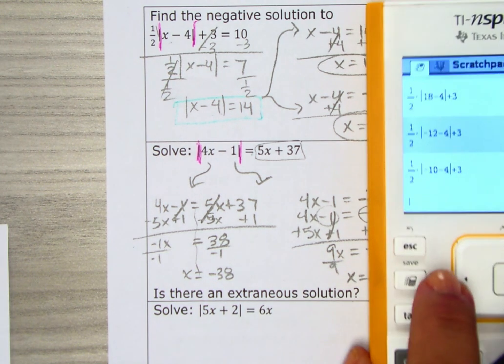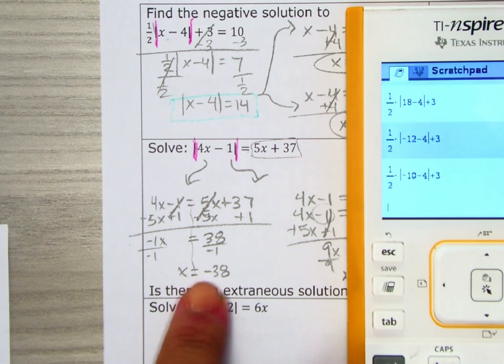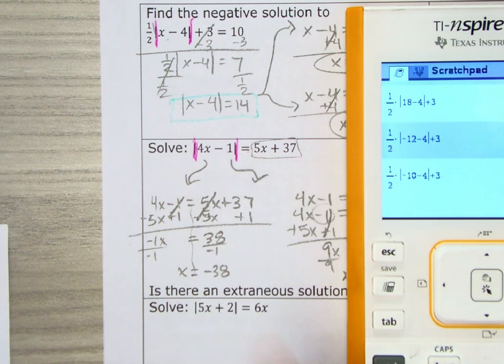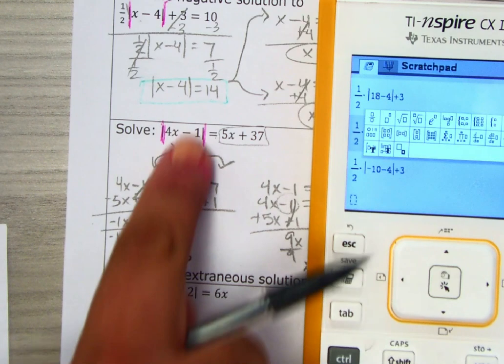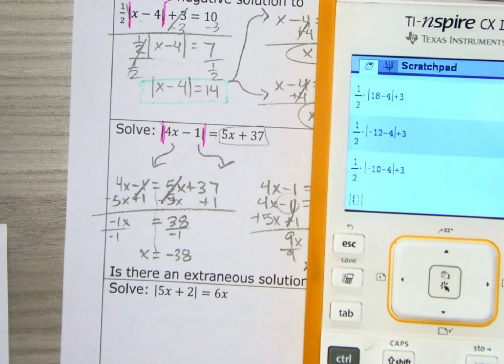Okay, so then now we're going to check our answers. So we're going to plug in that value in there. So absolute value, and there. 4 parentheses, negative 38, minus 1 equals 5 parentheses, negative 38, plus 37.